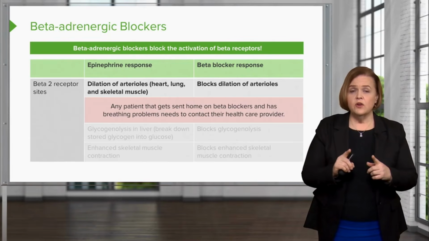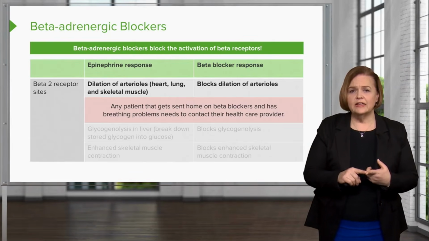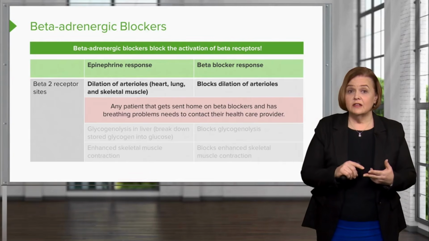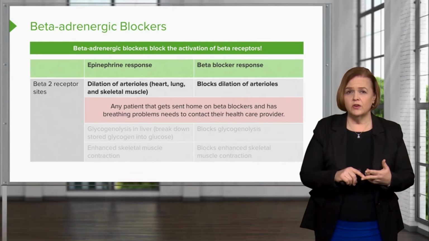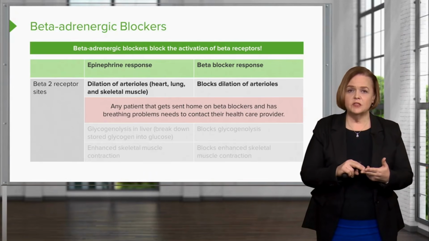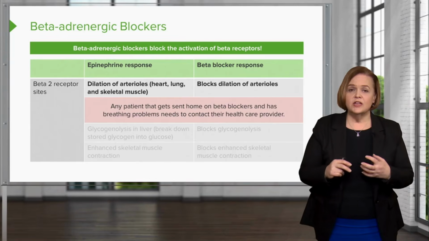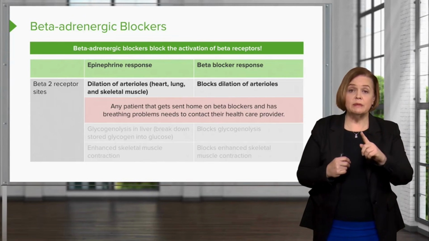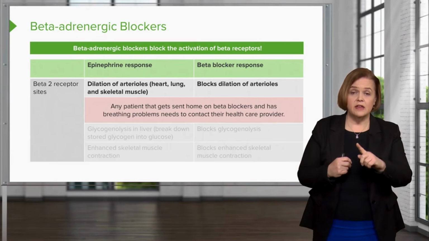If you're on a non-selective, you're more likely to have a problem, but people who are on a selective one that should just go after cardiac beta-1 receptors on the heart still might have this problem. Sometimes they're going to need their lungs to bronchodilate, and that action will be blocked if they're taking a beta blocker.